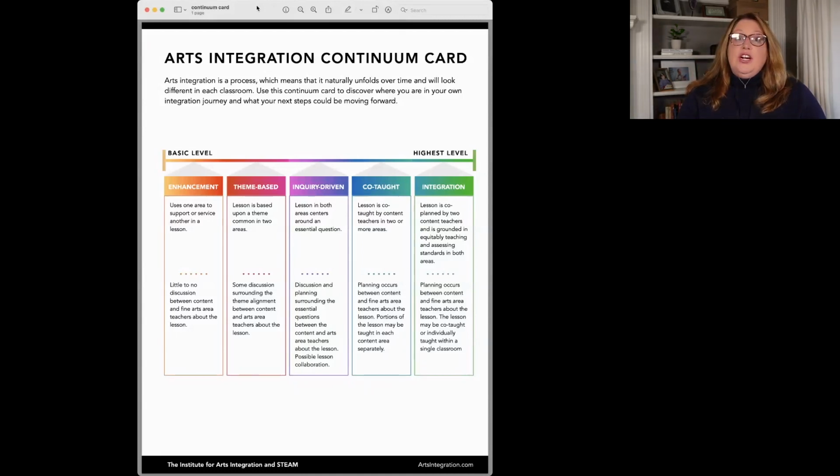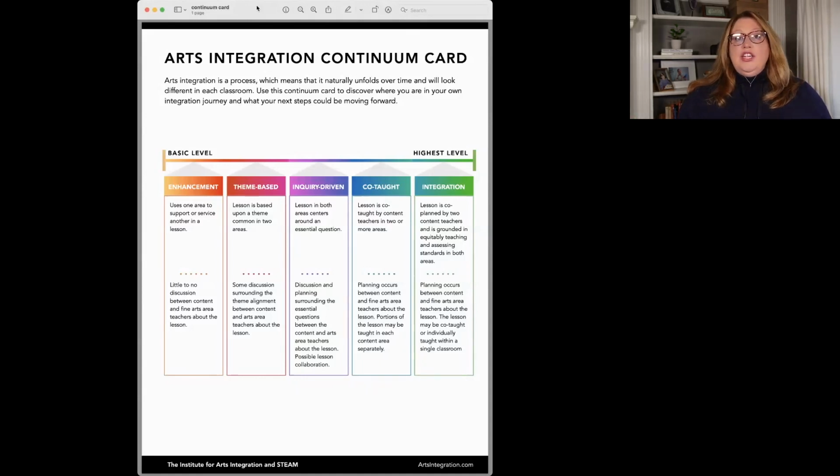I think when I first started presenting the research, I put it as a step-by-step ladder that you could climb. It's not really a ladder because a ladder indicates that the bottom rung is the lowest rung you could possibly do, and the top rung is the highest or the best, right? And that's not really true about arts integration. It's more of a sliding scale. It's more of a continuum, which is what we call it.